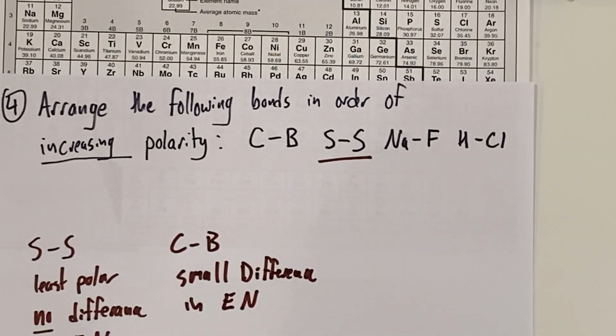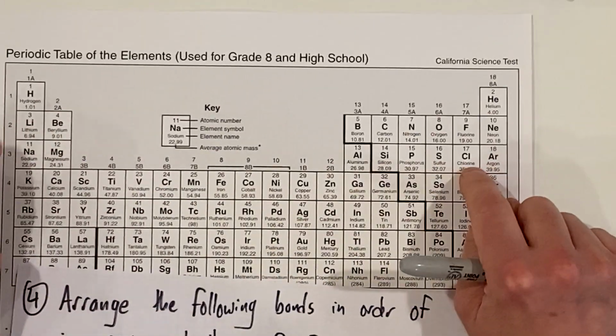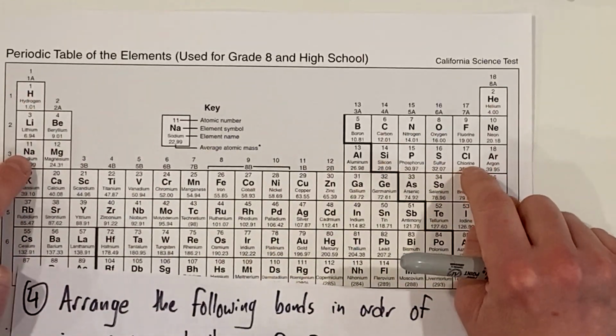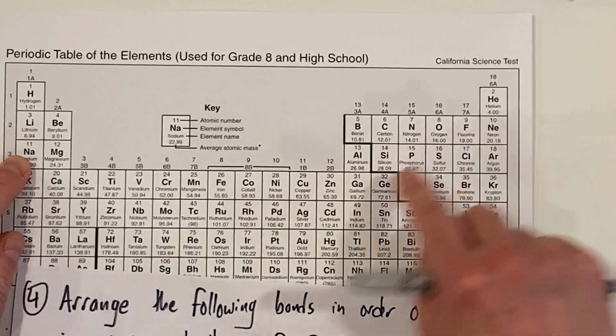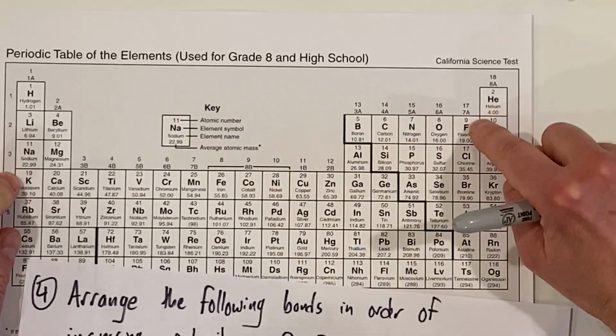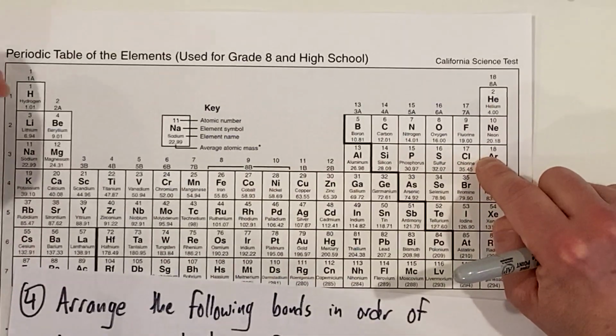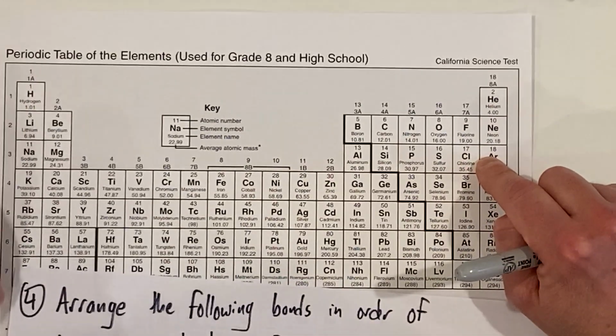Looking at the last two bonds, we're going to be analyzing HCl versus NaF. Remember, electronegativity increases as we go to the upper right, so fluorine is going to be more electronegative than chlorine. And it decreases as we go down. So sodium is less electronegative than hydrogen.